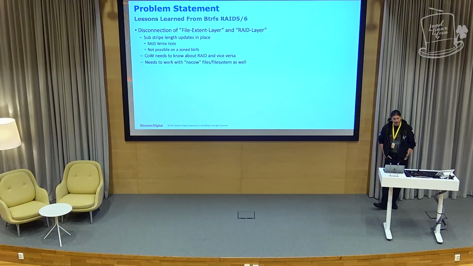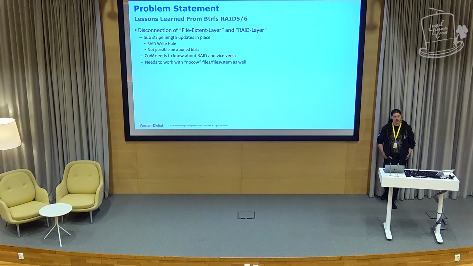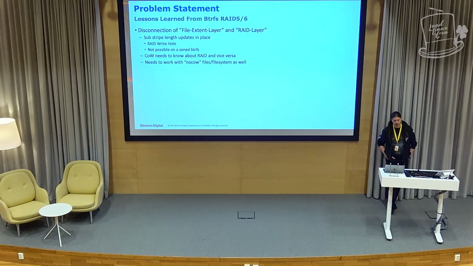So this created a RAID write hole if there was an unexpected power loss between the stripe writes. So we need to always do copy-on-write, and the copy-on-write needs to know about the RAID situation and vice versa.